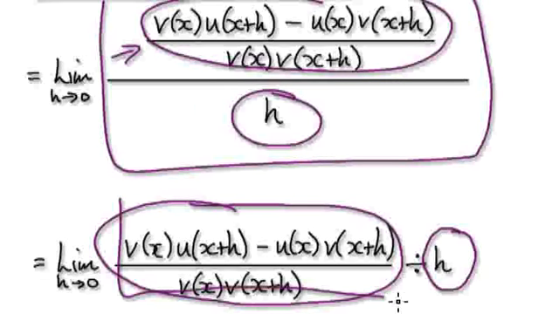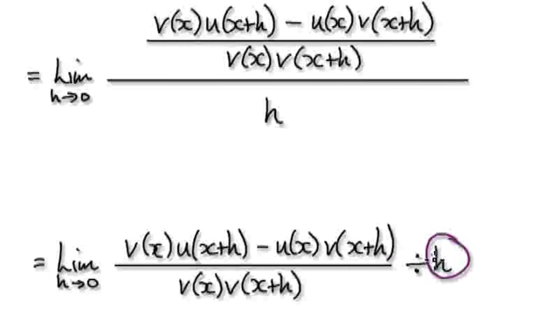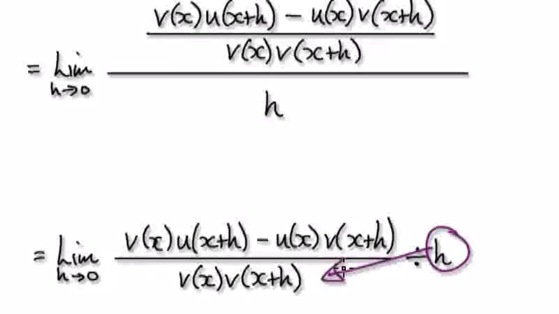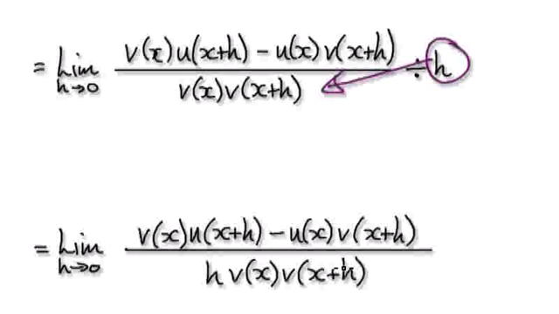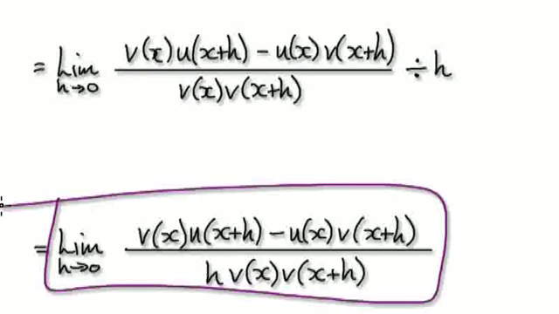So you've got a fraction here, and then you divide by h. Now when you divide a fraction, it gets multiplied to the bottom. So it becomes this here. Okay, so it's basically the h gets multiplied to the bottom here. So you've got this times this times this. Okay, that would take you to here.